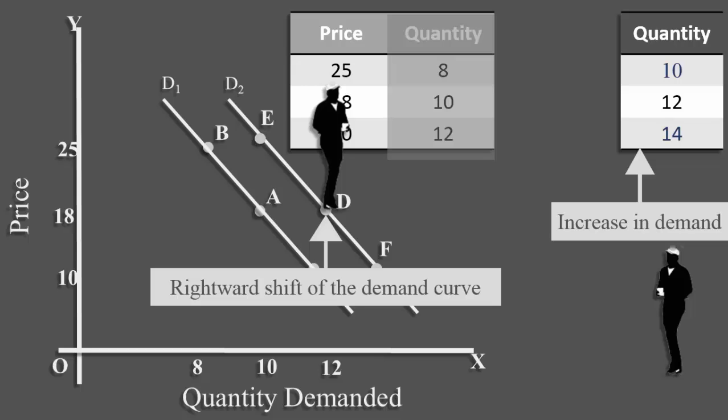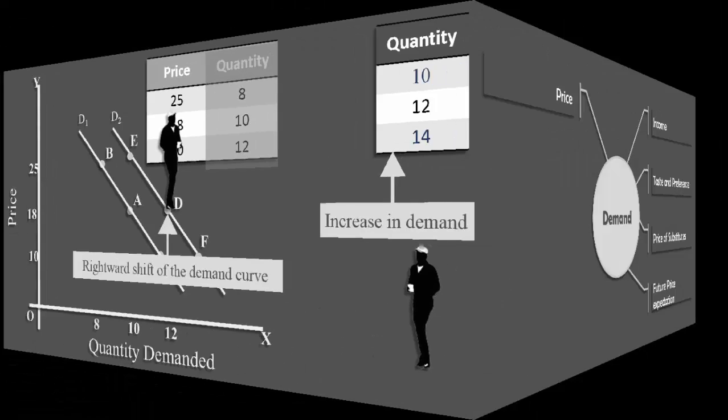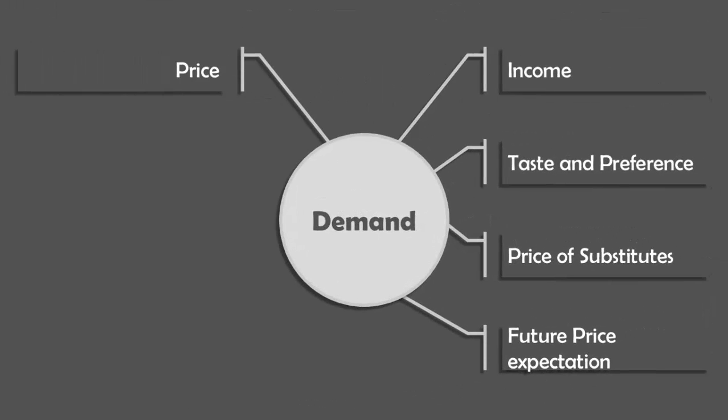This is again known as rightward shift of the demand curve. It is brought out by an increase in income only and not by the price. Shift of the demand curve is the outcome of any one of the forces other than price. Price remains constant.